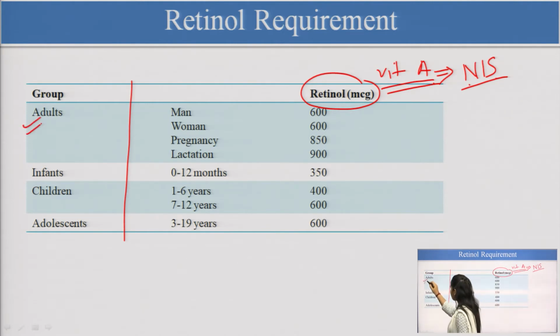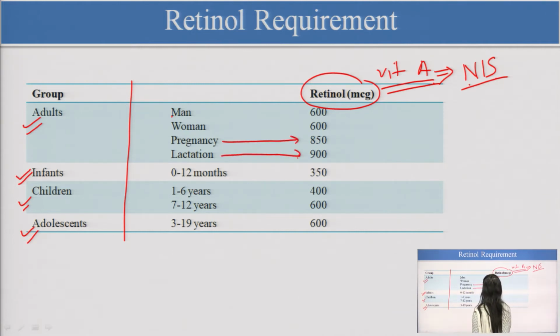So, there is a group of adults, then infants and children, and adolescents. Now, we can see in adults there are men, women, pregnant and lactating women. For pregnancy and lactation, you can see it is higher than the normal category, meaning men and women.